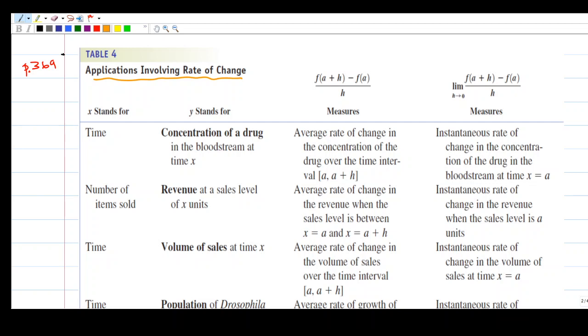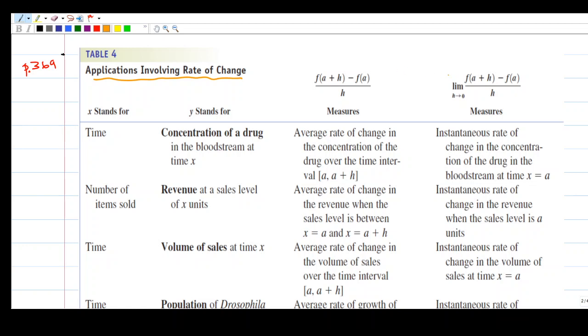Then we're looking at the expression f of x plus h minus f of x all divided by h, what it measures. And then we're looking at the limit as h approaches 0 of the expression f of a plus h minus f of a all divided by h, what that measures.